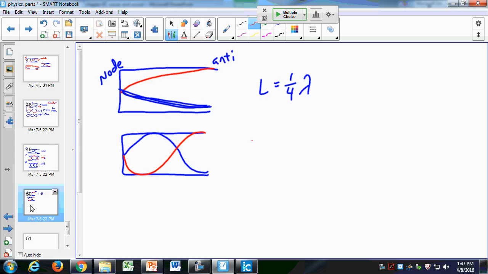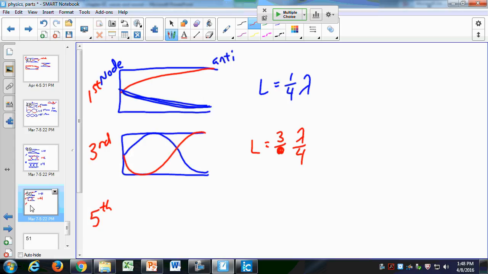It looks like this. This is 3/4 wavelengths, 3 times lambda over 4. This is our first harmonic. This is our third harmonic, they call it, and then this is our fifth harmonic. There is no second or fourth with the clarinet.